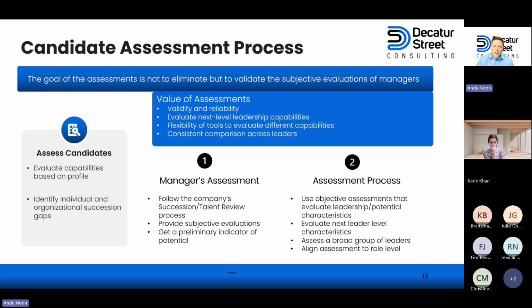So how could that work in the aspect of succession planning? Well, you would still want the manager to go through your talent review process or whatever your evaluation process is.